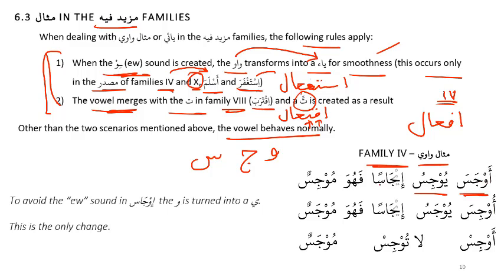So akrama yukrimu ikraman. So aujasa, yujisu, and then what would the normal thing be for the masdar? It is ikraman, right? So if I were to make this with waw, jim, sin, what would I write? I would write alif, kasra, and then the fa letter is waw.